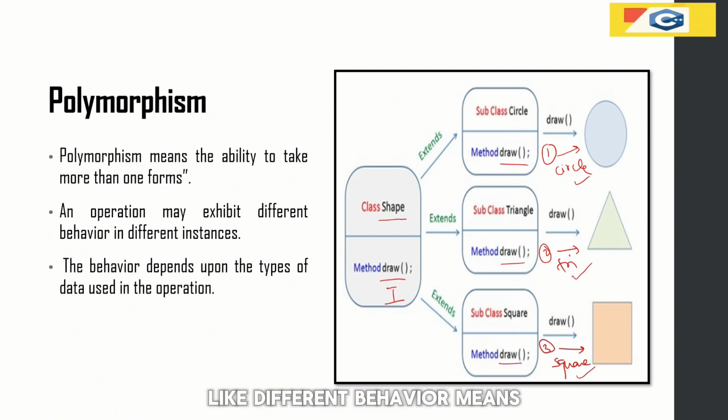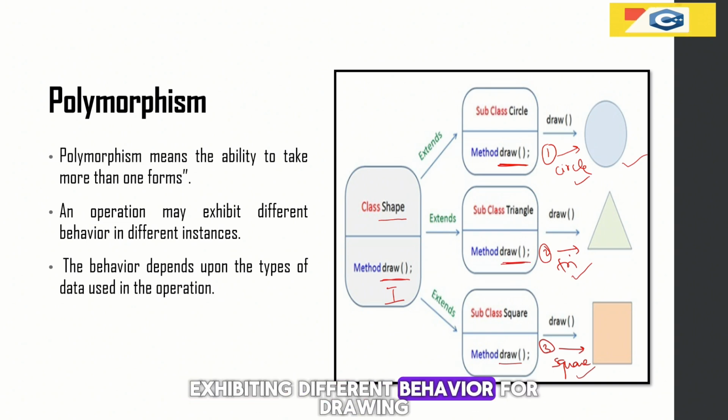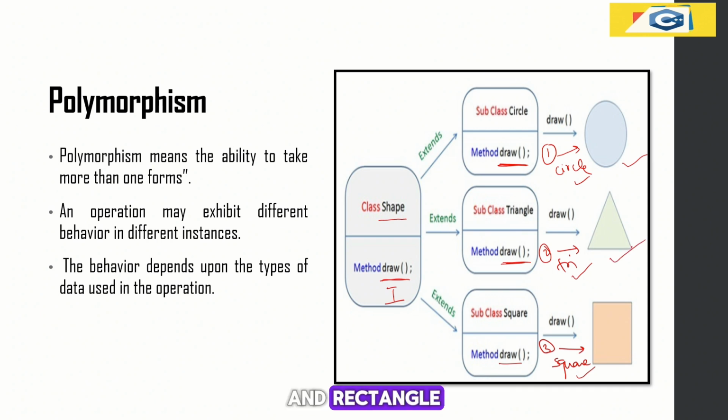This draw function is exhibiting different behavior for drawing a circle, different behavior for drawing a rectangle, and different behavior for drawing the square.